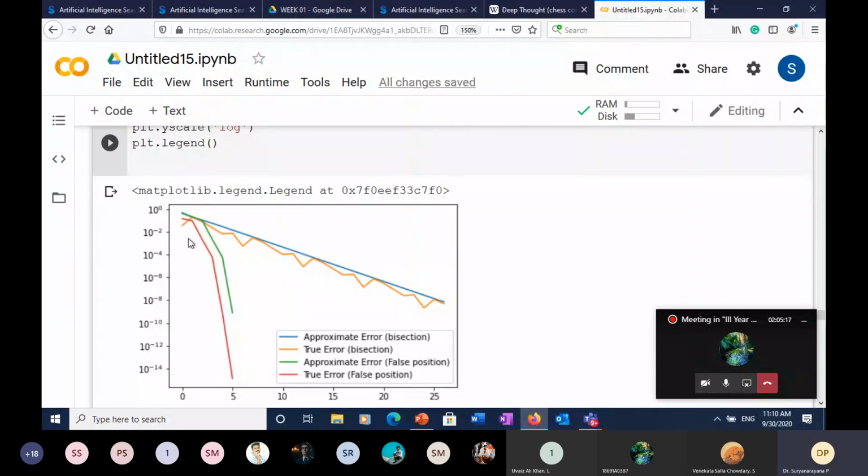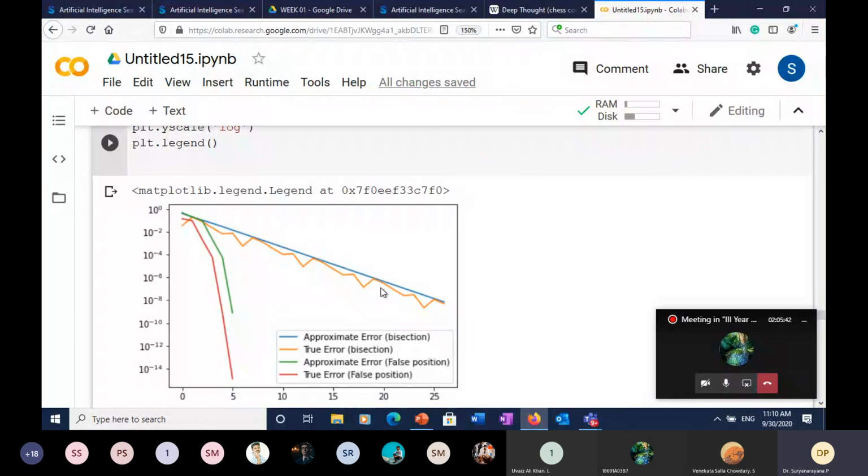Whereas the false position method, within 6 iterations, was able to achieve it. Look at how rapidly the error is decreasing in the false position method as compared to the other one, the bisection method. Generally, this is the case, but be mindful, not necessarily always.